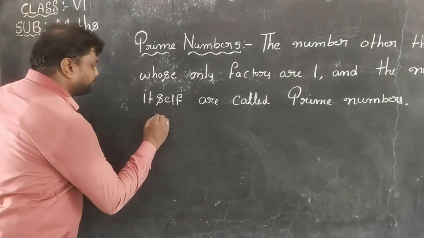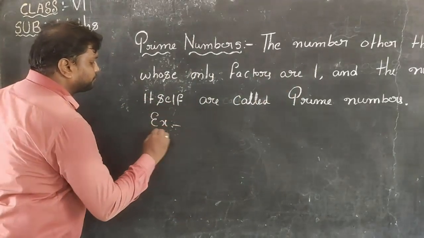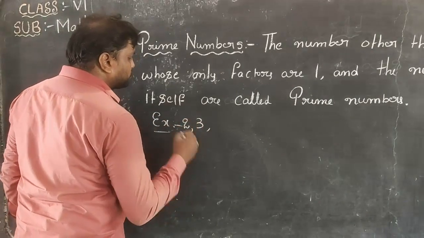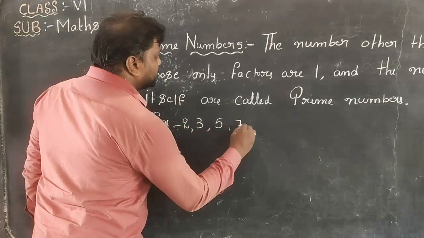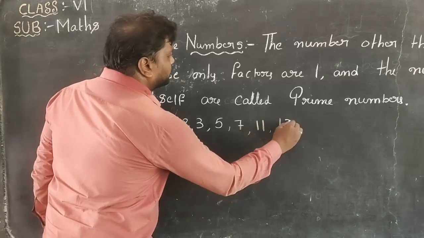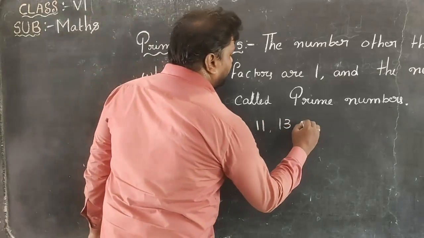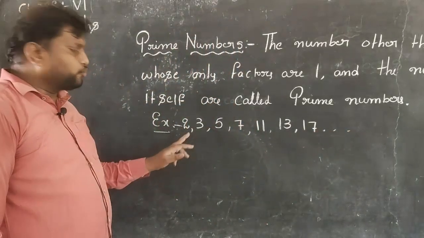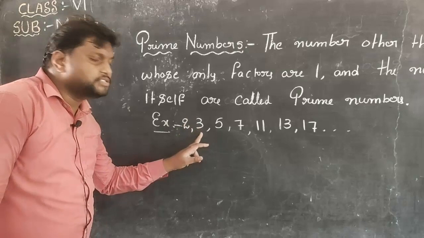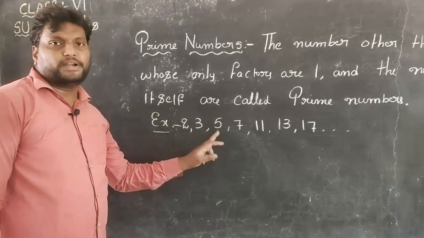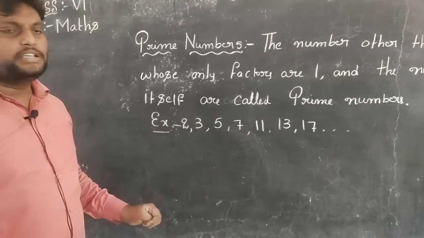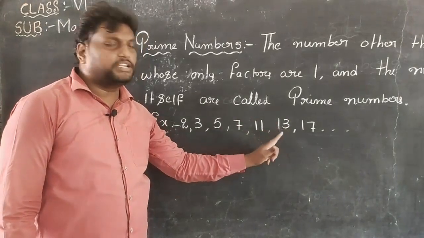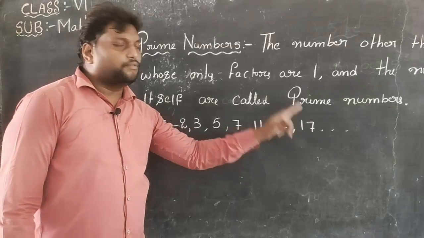For example, 2, 3, 5, 7, 11, 13 and 17, etc. Here the factors of 2 are 1 and 2, the factors of 3 are 1 and 3, the factors of 5 are 1 and 5, the factors of 7 are 1 and 7, the factors of 11 are 1 and 11, like that. The factors of 13 and 17 are 1 and 13, and 1 and 17.